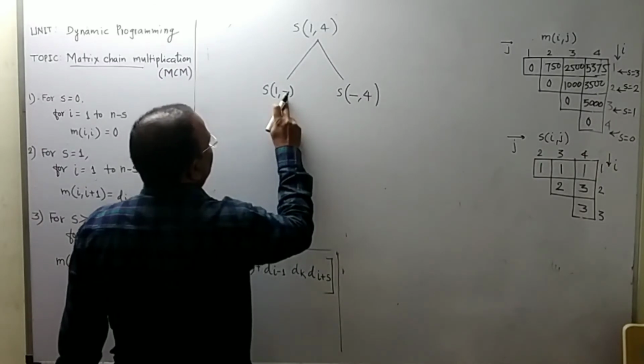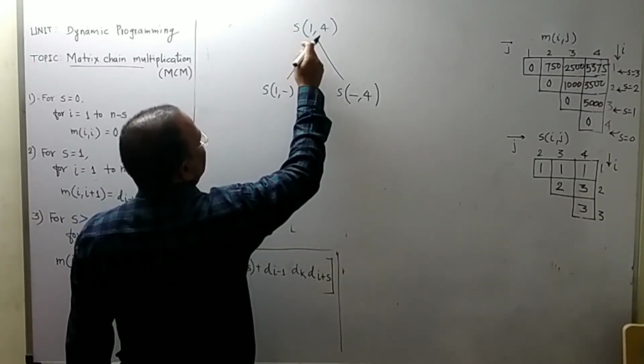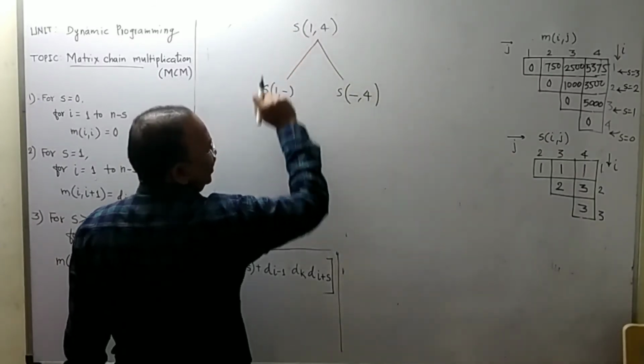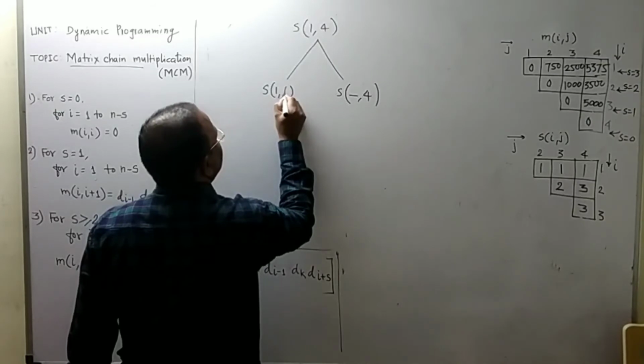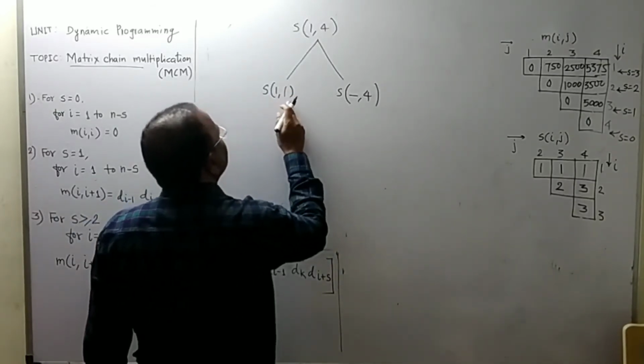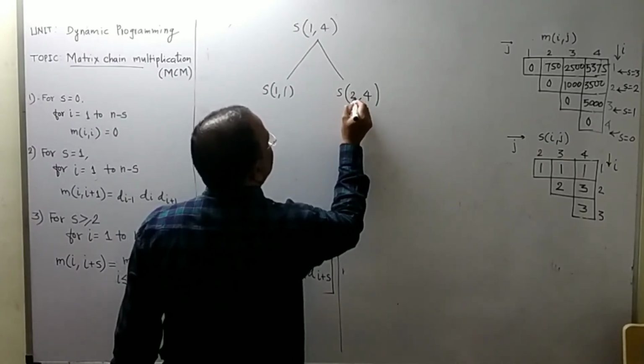Then what is the value at dash position? Find out which value is there at cell 1 4 in S table. 1 4 value is 1, so you will get 1 here, and add 1 to this 1, so you will get 2, and put this 2 at this place.